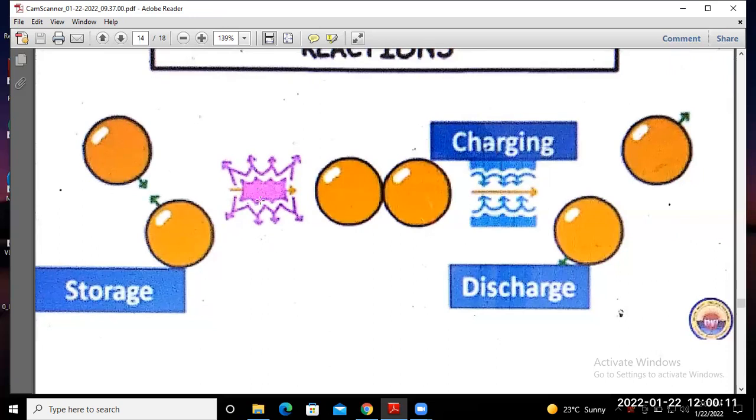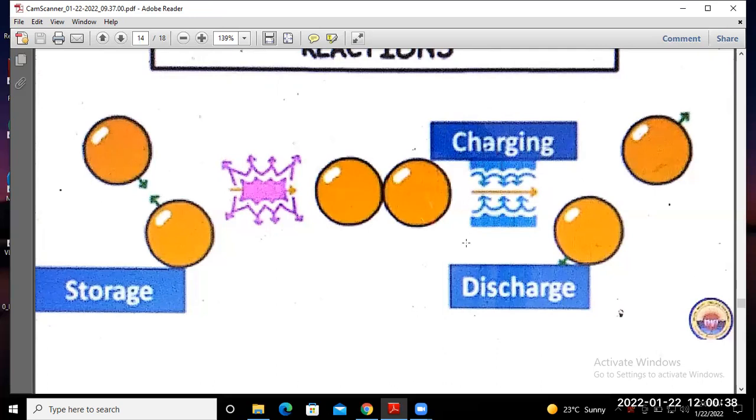So after the reaction, one molecule this one and one molecule this one combine, so during this a type of attraction is made between the molecules or atoms. During the charging period, this takes place and charge will be stored in this form.